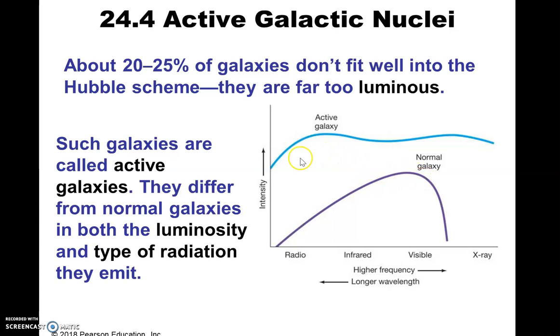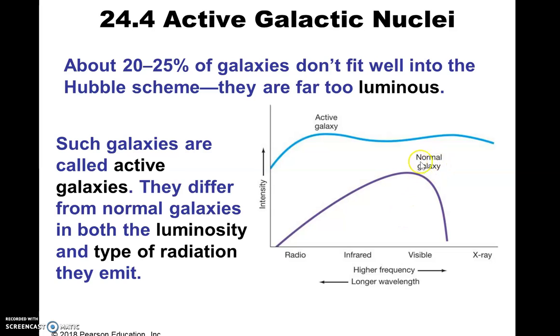An active galaxy, for example, has what we would call non-stellar radiation. So it has basically a line like this that indicates an active galaxy. Active galaxies are always emitting more energy than other normal type galaxies.